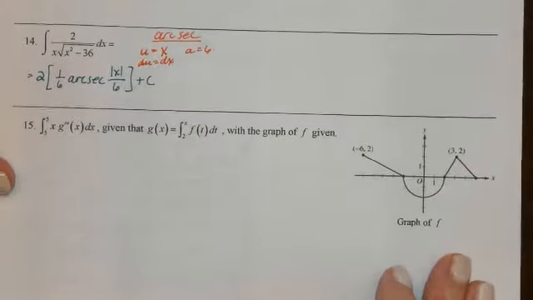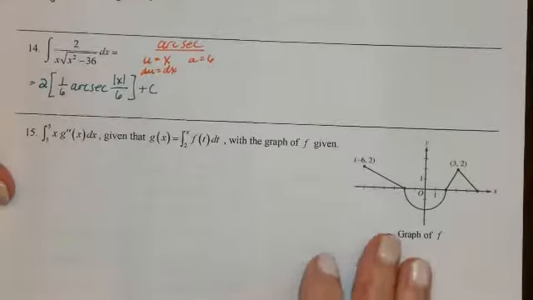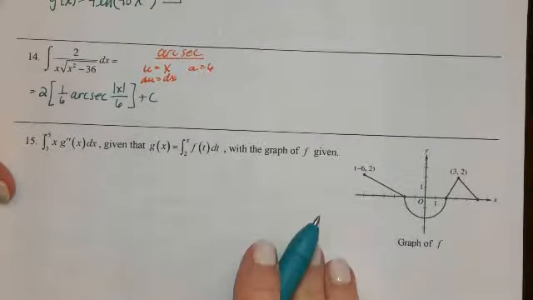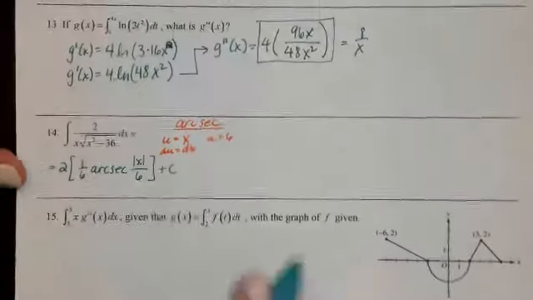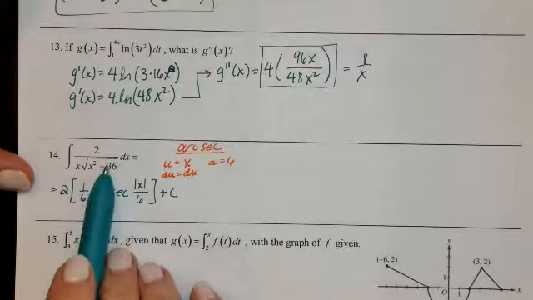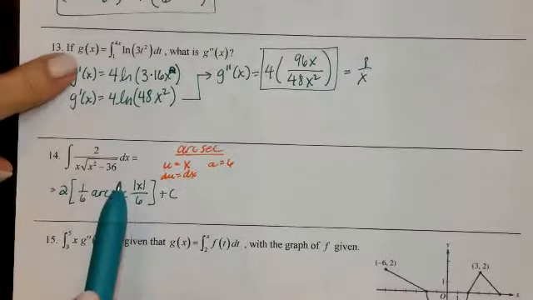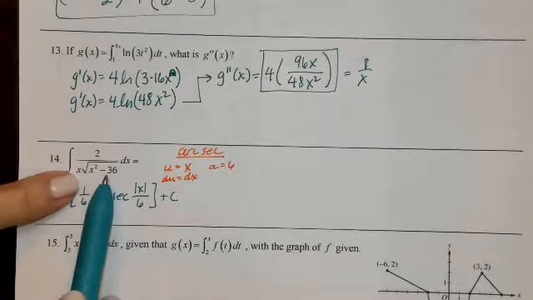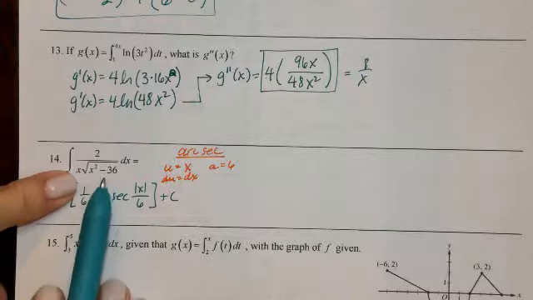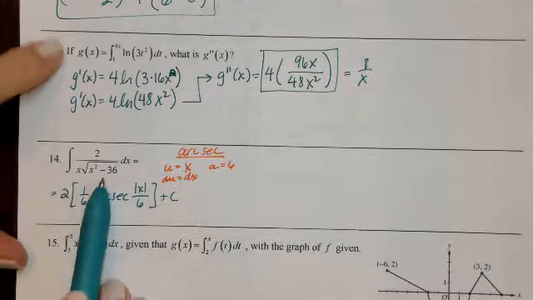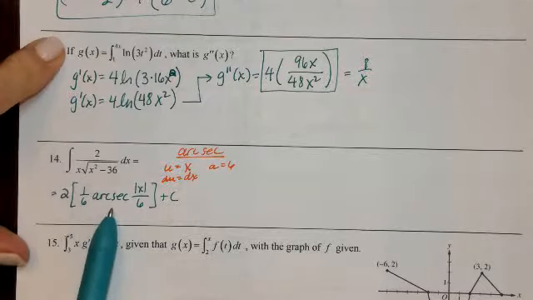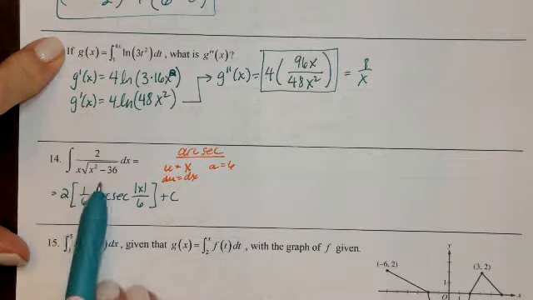And now we're going to number 15, because for 2020, you are not going to have anything like these integrals. You might have something like 13, but not these. Why? Because in 2020 you have access to a calculator, and there are some calculators that can do this and spit it out to you. So this will not be on the 2020 test.